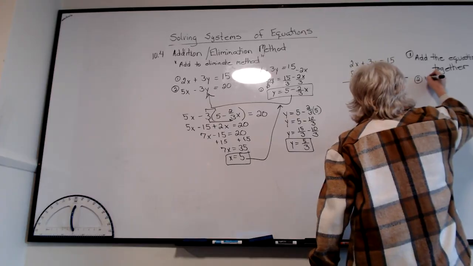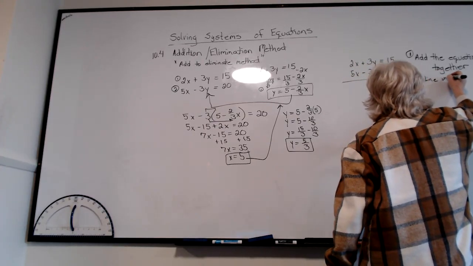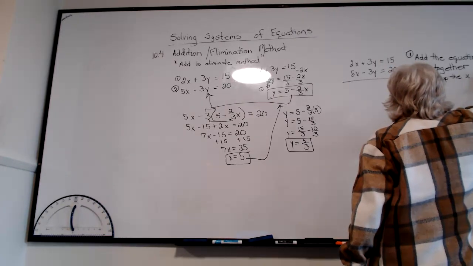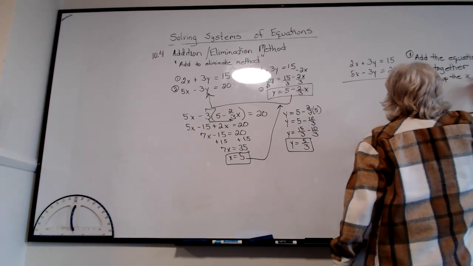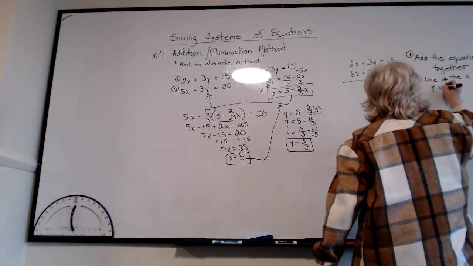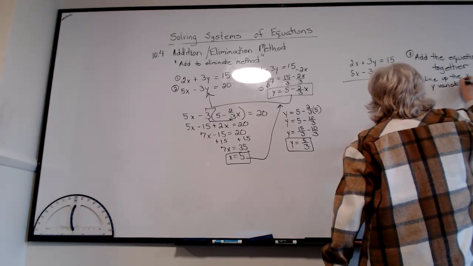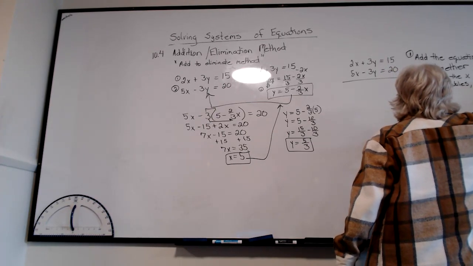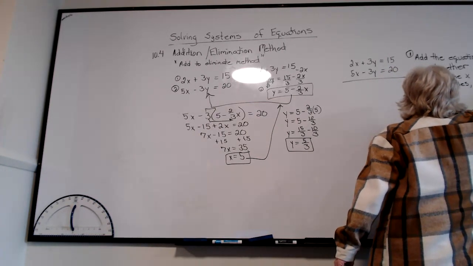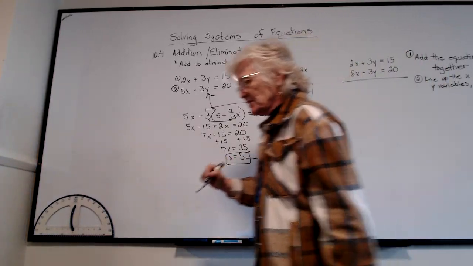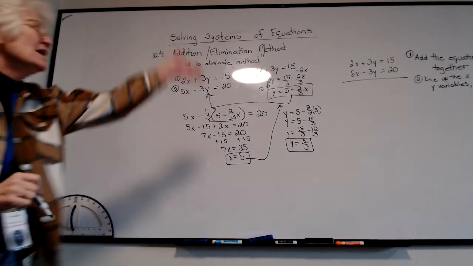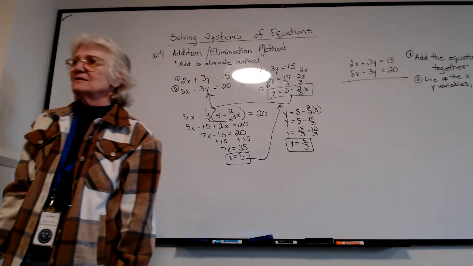So we have to line up the x variables, the y variables, the equal sign, and the constant. So they need to be lined up. The x's are on top of each other, the y's are on top of each other, the equal signs are on top of each other, and the constant numbers are on the same.